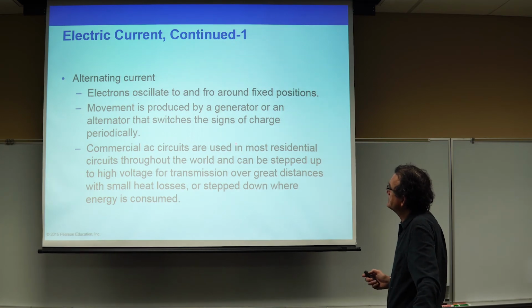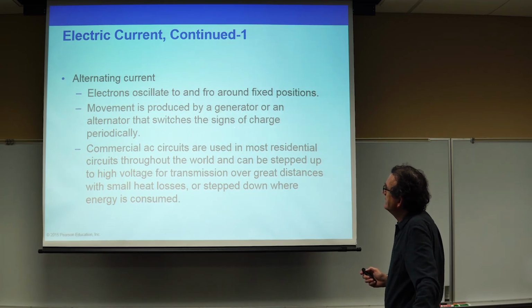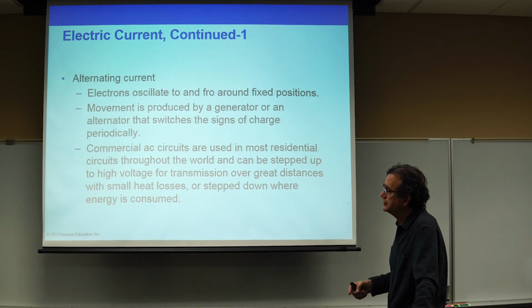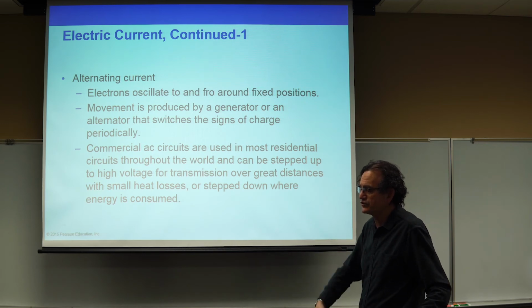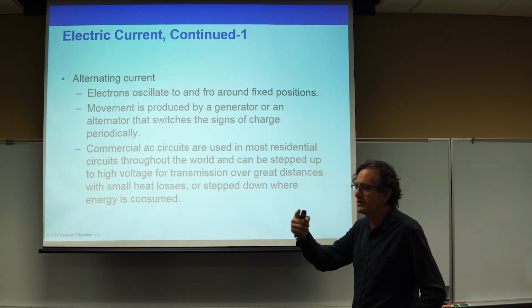So the generator is the voltage source, and we will see in a following slide that it generates an oscillatory voltage, going from, let's say, plus 12 to minus 12.